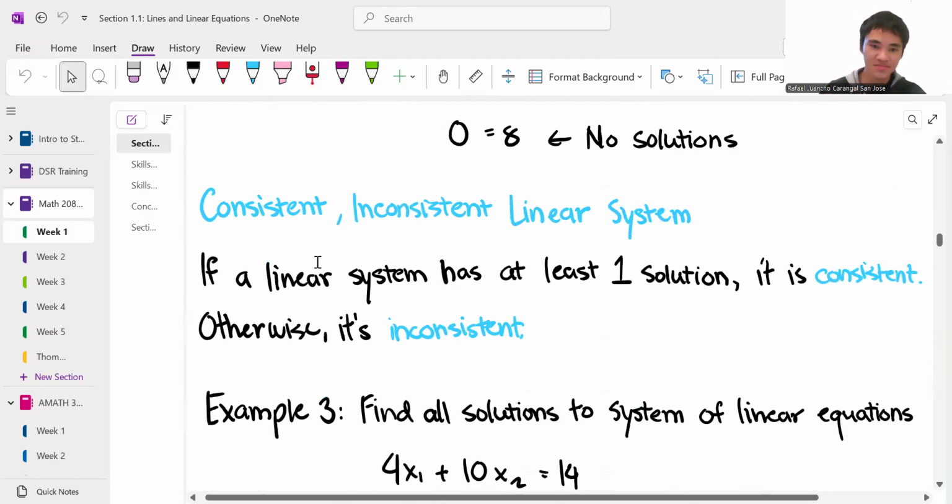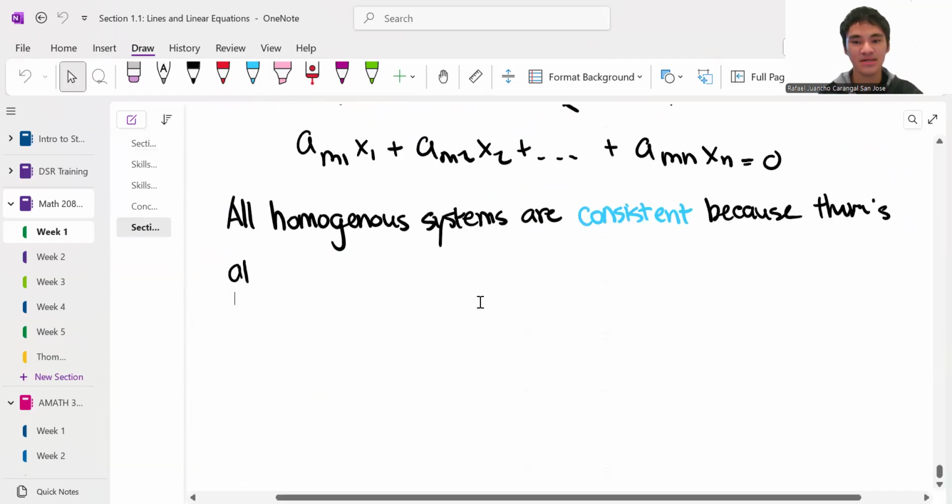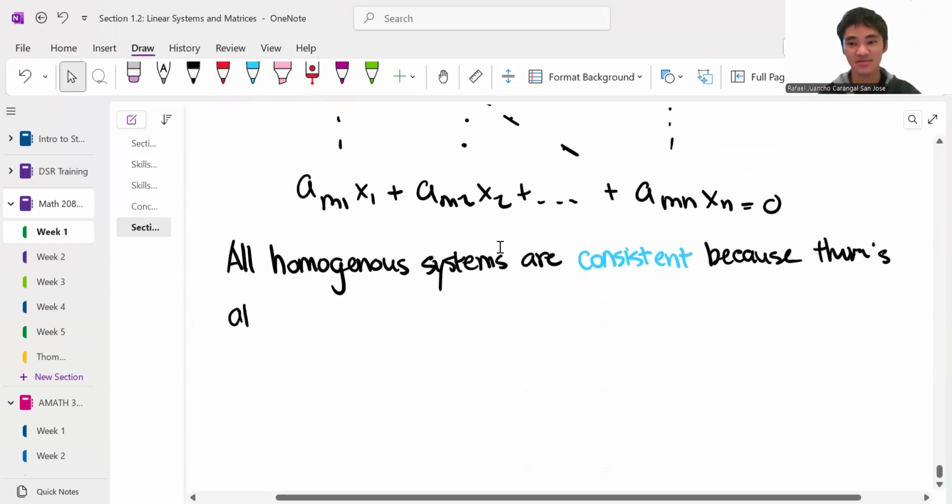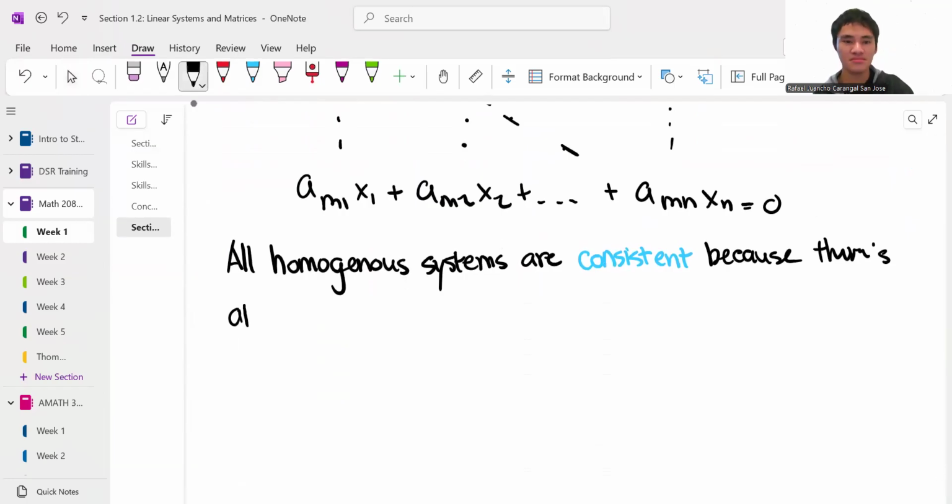What's the condition? If a linear system has at least one solution, then it's consistent. Otherwise, it's inconsistent. Now here we say all homogeneous systems are consistent because there's always a solution. And what's the solution?